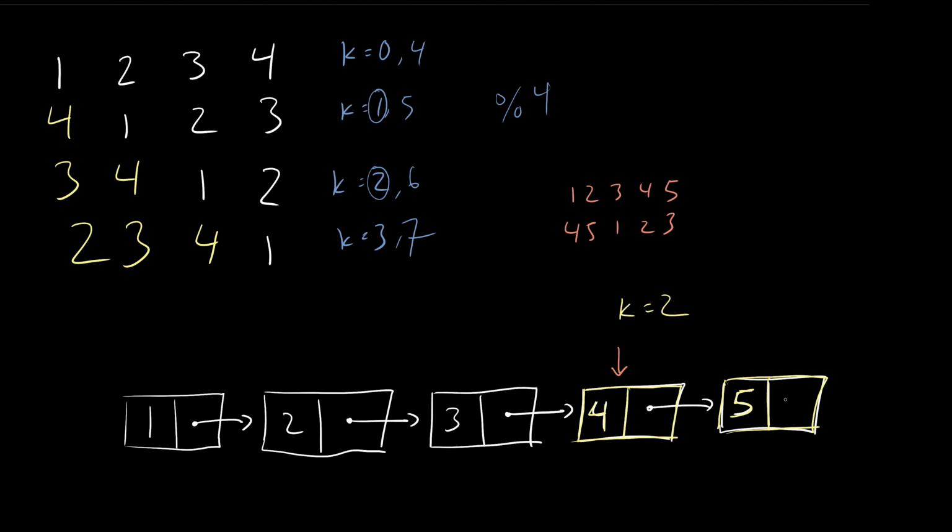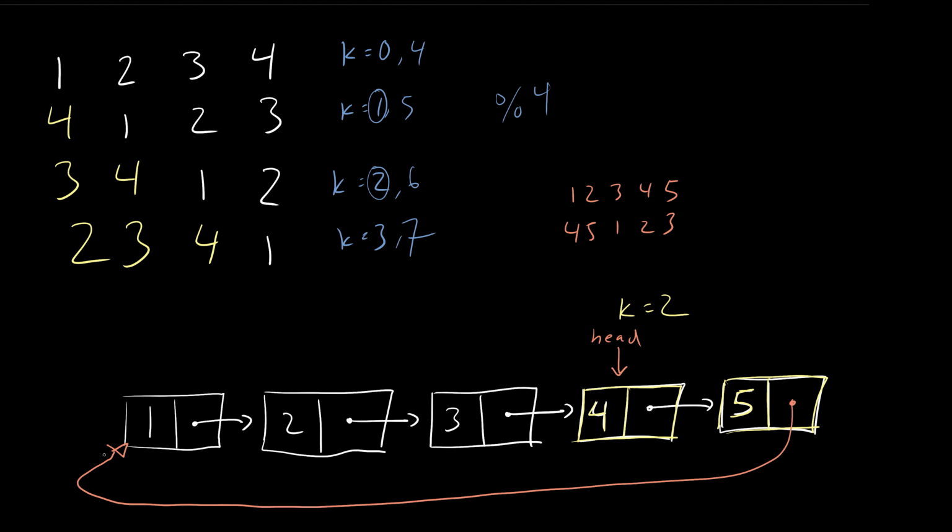And then 5, instead of pointing to null right now, we want to point to the old head. And then we want to cancel this link, so that this guy becomes null. So there are 3 changes that we need.